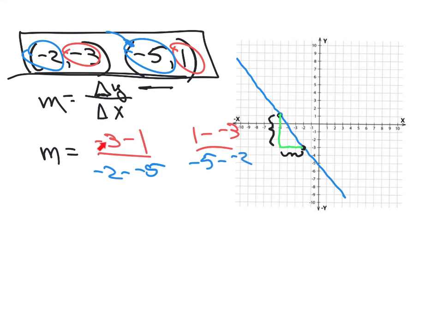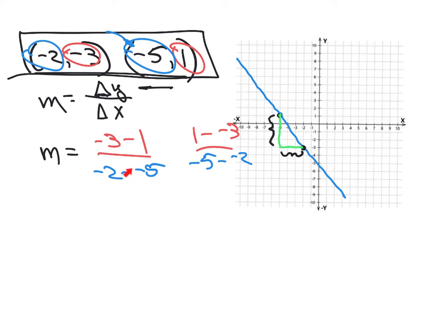If I use this as my first y, I have to use this as my first x. I can't use this as my first y here and then use this as my first x here. Nope, they have to be in the right order. The negative 3 and the negative 2 are above each other. The 1 and the negative 5 are above each other. And that has to be the way for both of those.